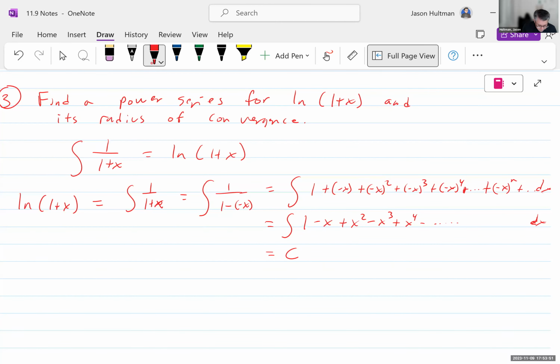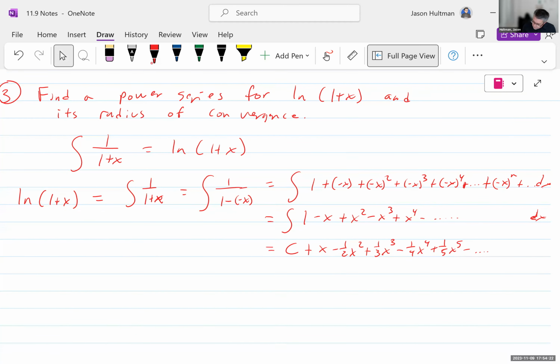Let's put our constant there. Plus the integral of 1 is x. The integral of x is negative 1/2 x squared. This is going to be plus 1/3 x cubed minus 1/4 x to the 4th plus 1/5 x to the 5th minus, and then this is going to go on forever.